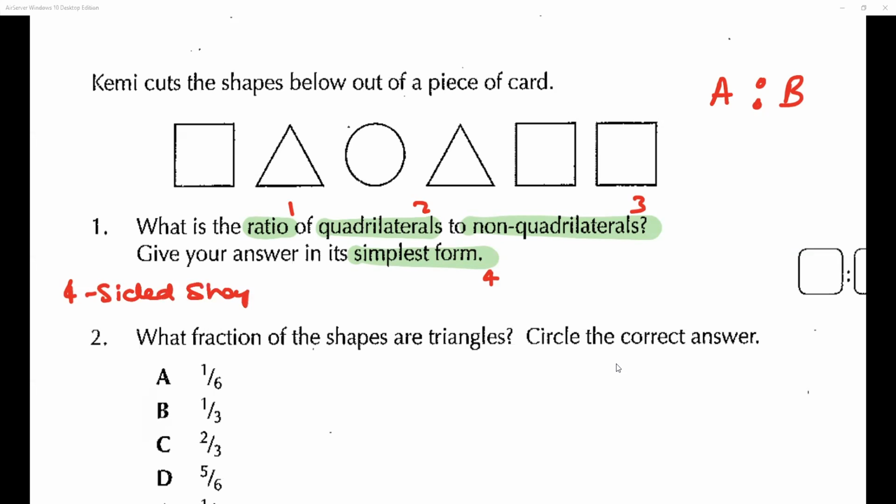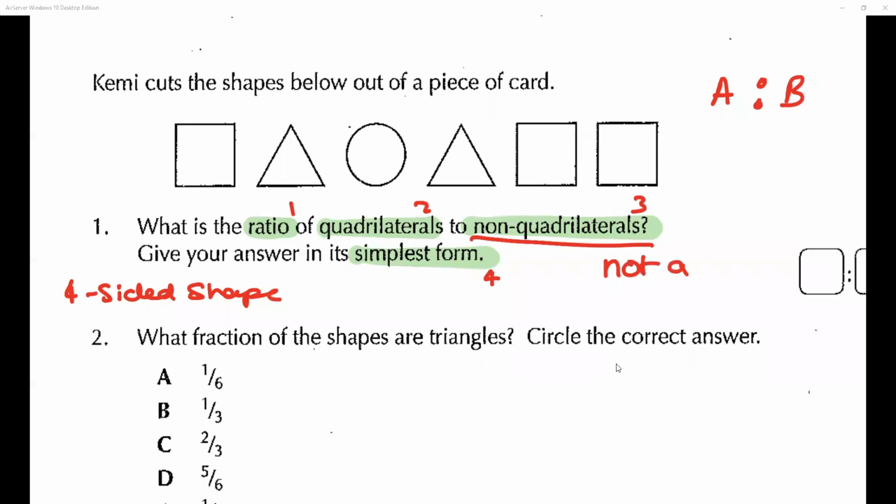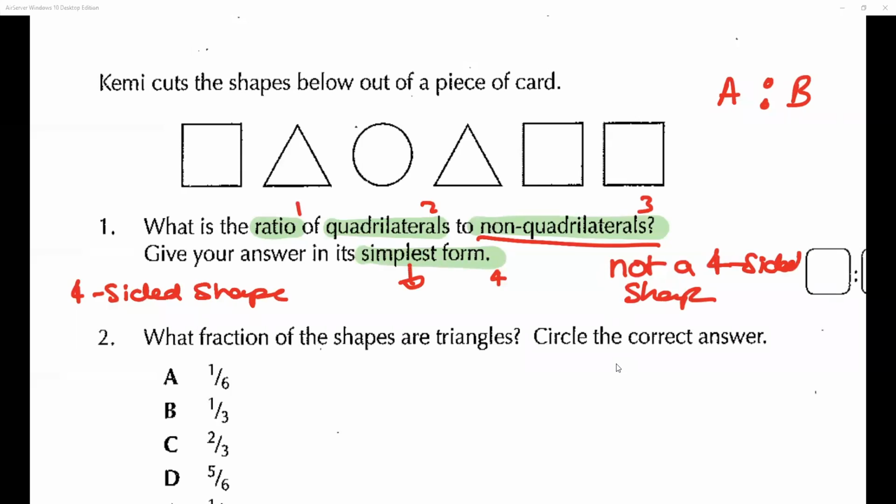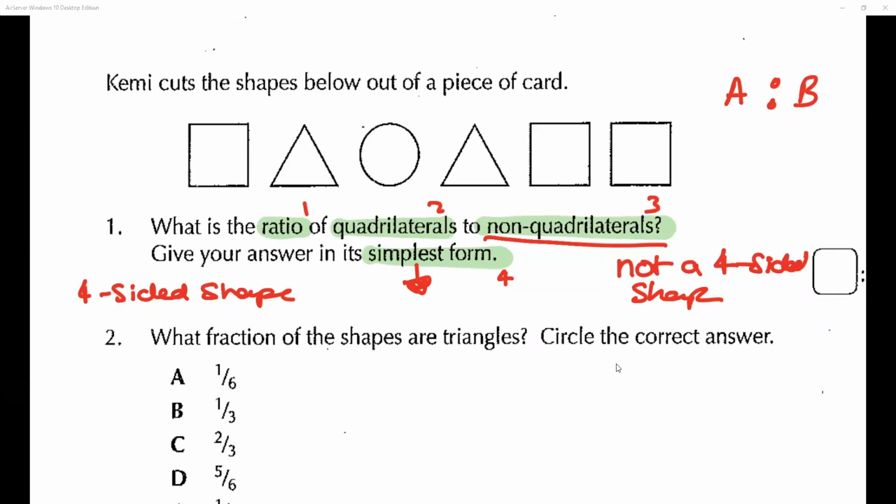What's a non-quadrilateral? A non-4-sided shape. Exactly. What do you mean by simplest form? Like, for example, if it was 2, 6, then the simplest form is 1/3. Fantastic. So you've got to cancel it down. So there's quite a few bits there that we've got to look after.